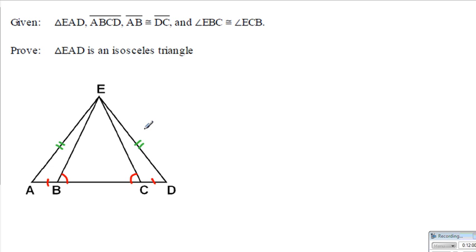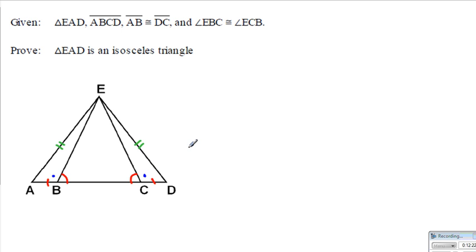Among a couple different ways, we can simply prove that these small thin triangles on the outside must be congruent to each other. One way we can do that is, since these two angles are congruent, we will realize that the supplementary angles are congruent.